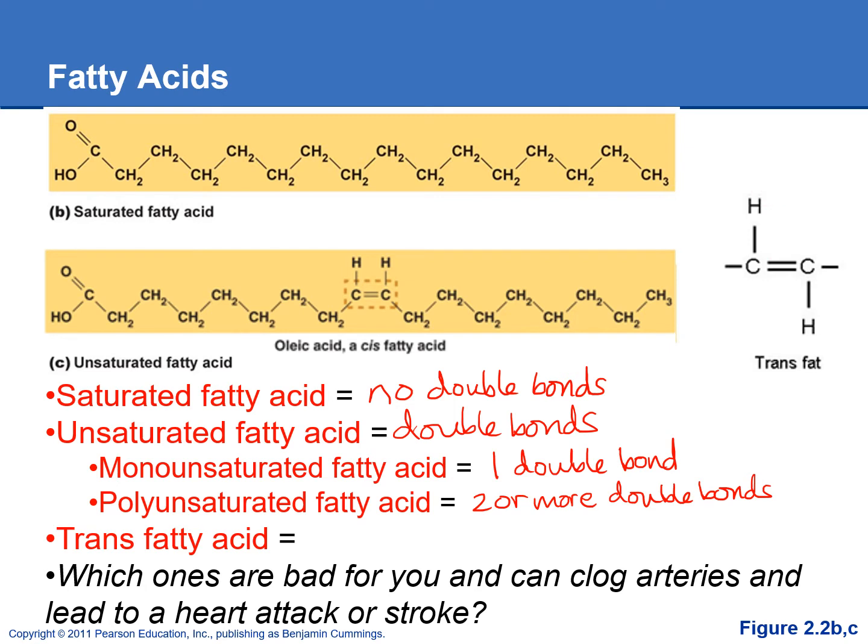So how did that happen? Well, this happens when you process your food. So when you're reading your nutrition label, if it says partially hydrogenated oil on it, what they've done is they've taken some unsaturated fatty acids, maybe some vegetable oil, which is cheap, and they've bombarded it with a bunch of hydrogens to try to turn it into a saturated fat to make it solid.